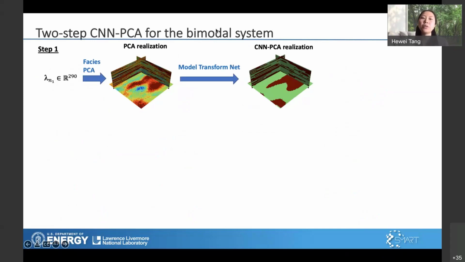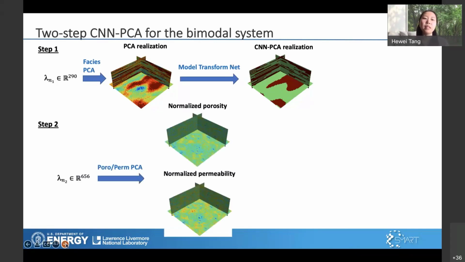Then for the porosity and permeability distribution, we follow the same logic as in our geostatistical modeling, and we build a single PCA model for the normalized porosity and permeability field combination, since they are dependent.